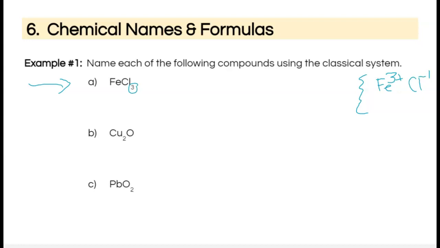And so I look on the periodic table and I see that there are two possible charges for iron, iron 2+ and iron 3+. And so since the compound contains iron with a 3+ charge, that's the higher of the two charges.